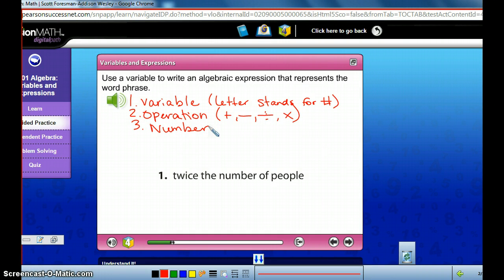So, I am doing number 1 in your guided practice. So, why don't you put some notes together? This would be good to refer back to when you're doing your assignment. An expression has to have these 3 things.